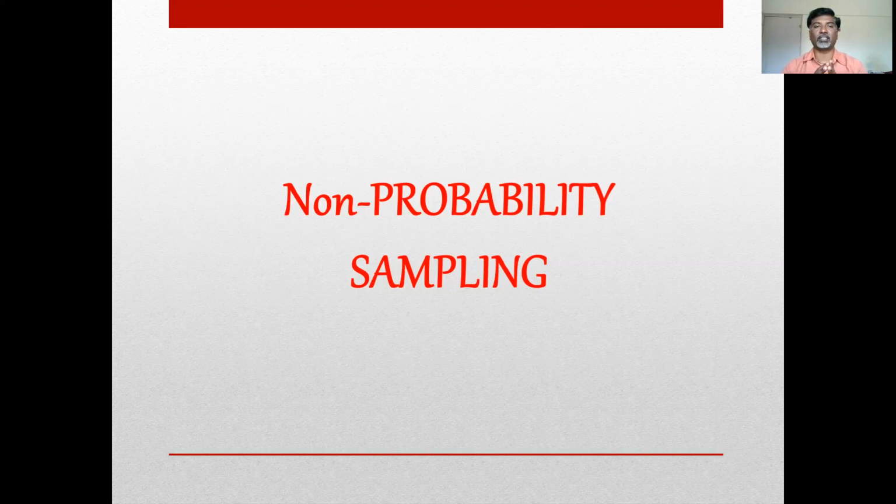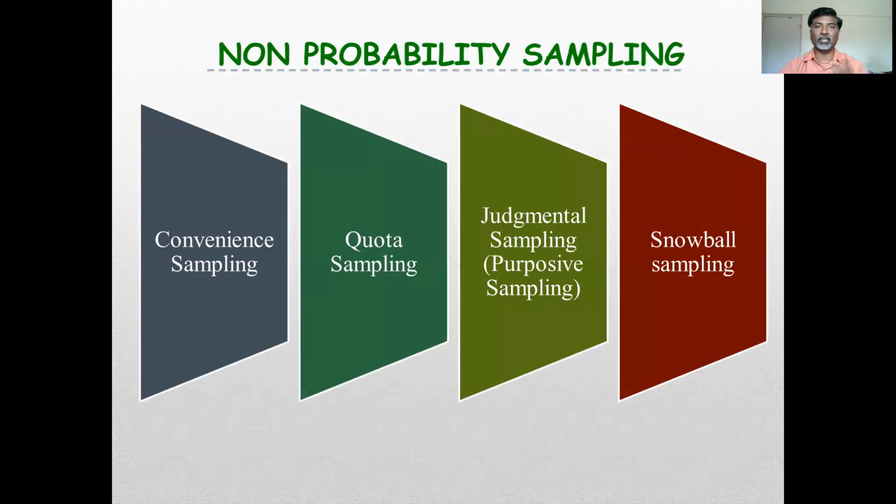That's why this method is called a non-probability sampling method. In this case, the probability of being selected from the available universe is not equal. It depends upon the choice of the researcher. These non-probability sampling methods are divided into 4 types: convenience sampling, quota sampling, judgment or purposive sampling, and snowball sampling. Now we'll see what convenience sampling is.